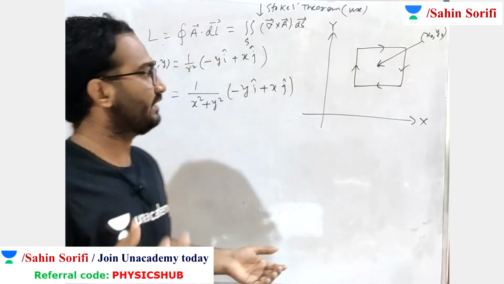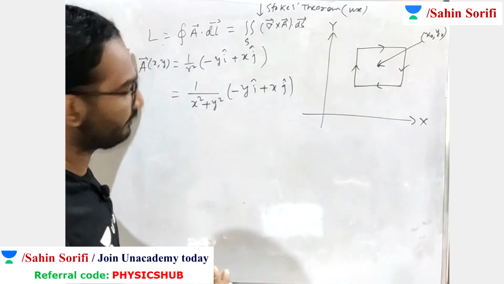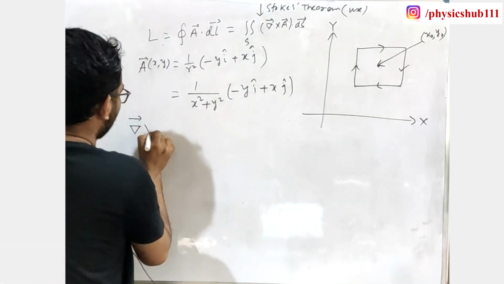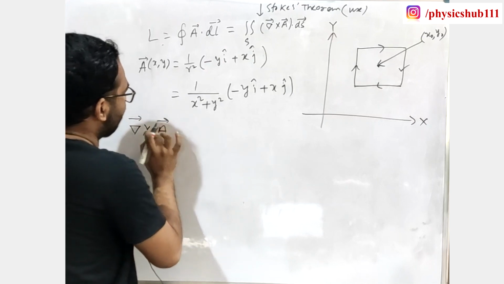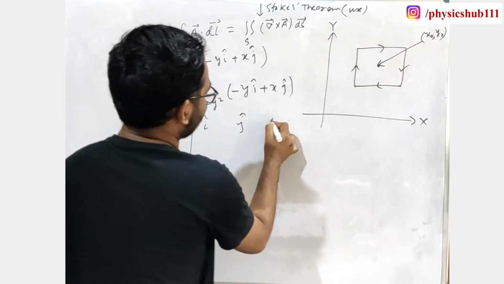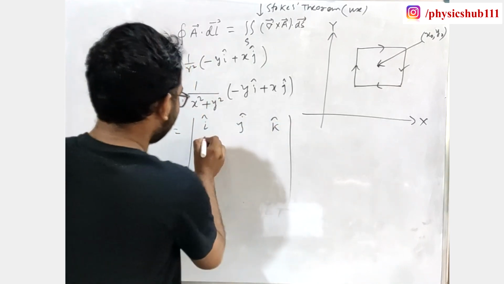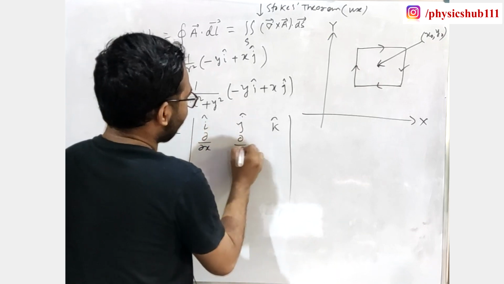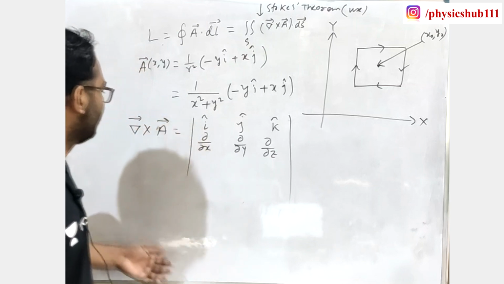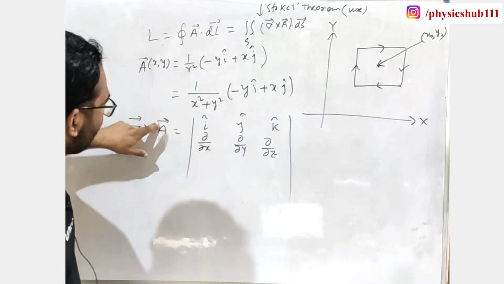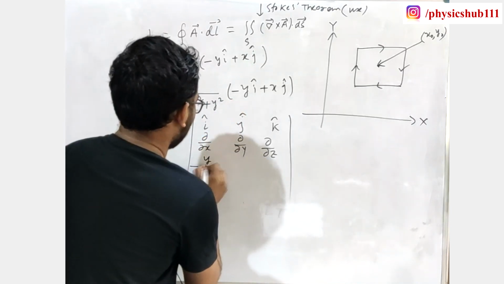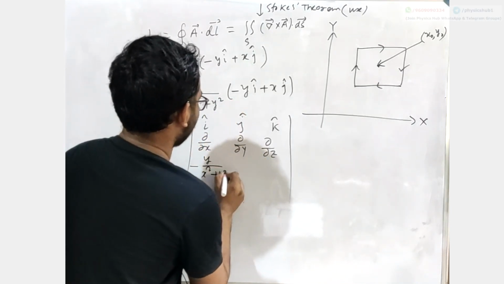Now finding curl is very easy because you are already given the vector function A. Now let's try to calculate curl of A. So how do you find out curl? You just write the unit vectors i cap, j cap, k cap, then del x, del y, del z. Now we just write the components of this vector A. The x component is minus y by x square plus y square.